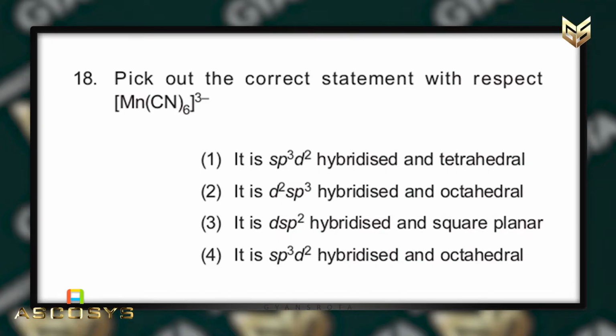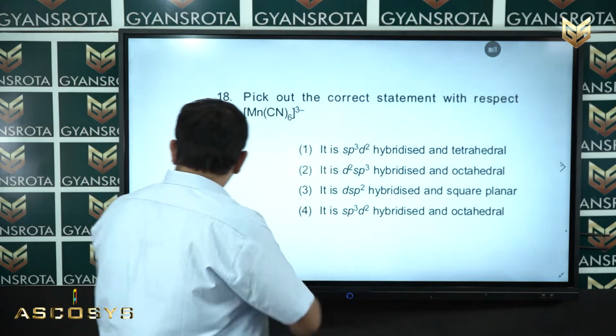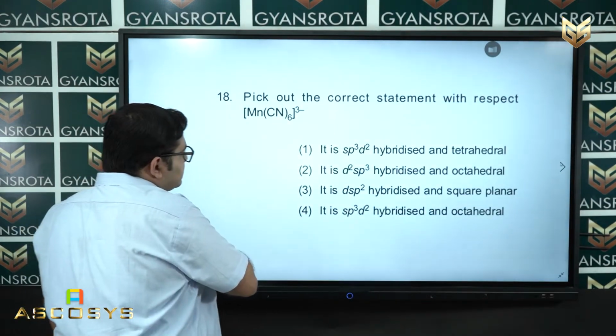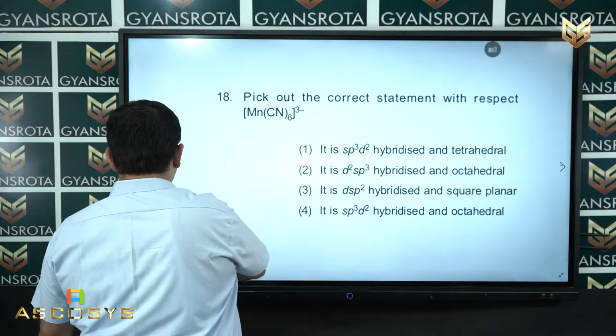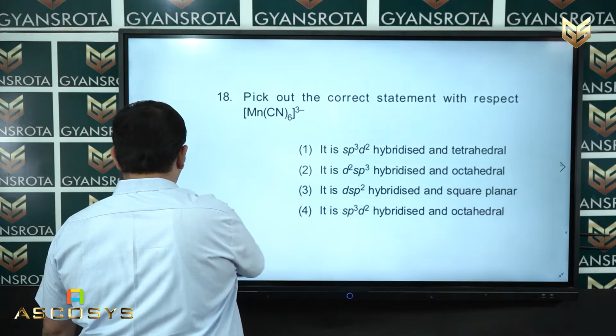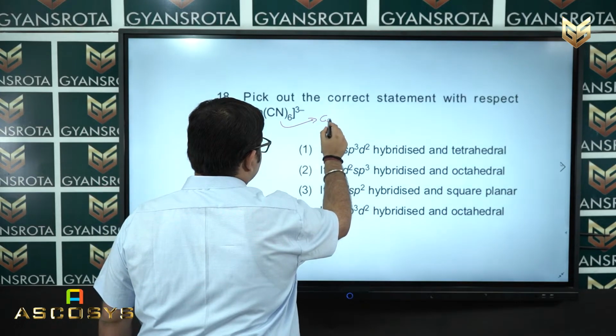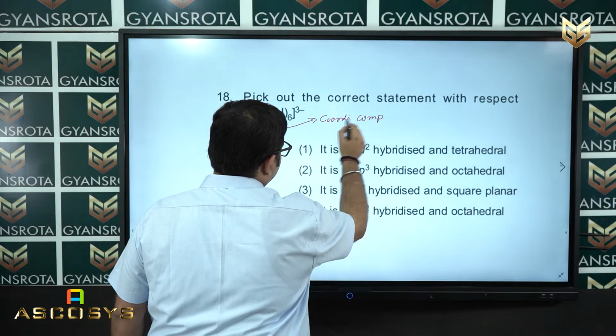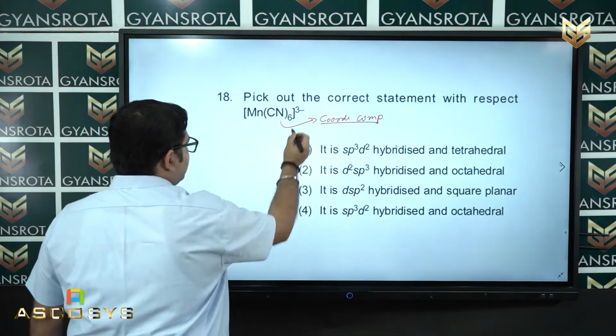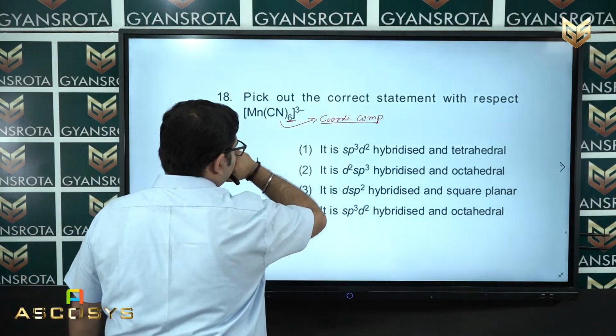Question number 18 is on your screen. Pick out the correct statement with respect to the following compound. Options are given, so now we are moving to the solution part. This is a coordination complex, or coordination compound. What is the coordination number here?